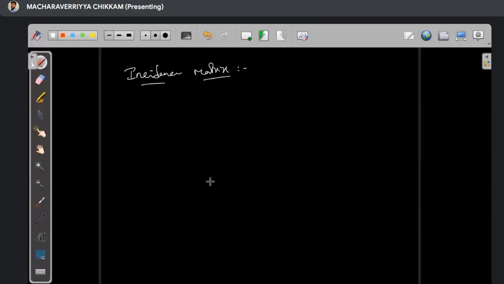It is based on the edges and vertices. Let me explain with an example first. Let's say you have vertices 1, 2, 3. Right. Let me take one more.